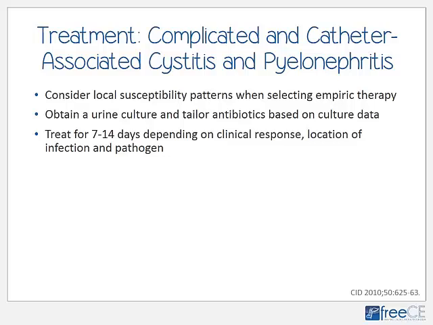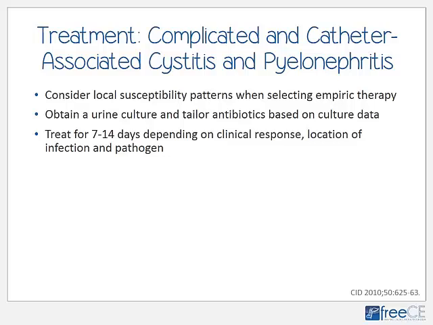But again, I would just start a little bit broader, thinking about getting some additional coverage, some better, more broad gram-negative coverage, something that is likely going to cover the pathogens that we talked about in complicated and catheter-associated urinary tract infections. But again, I think the key here is considering your local susceptibility patterns.